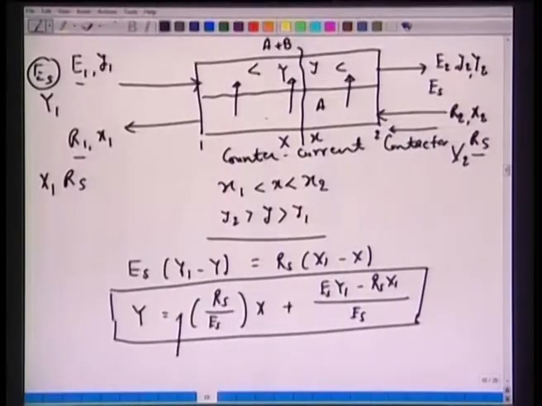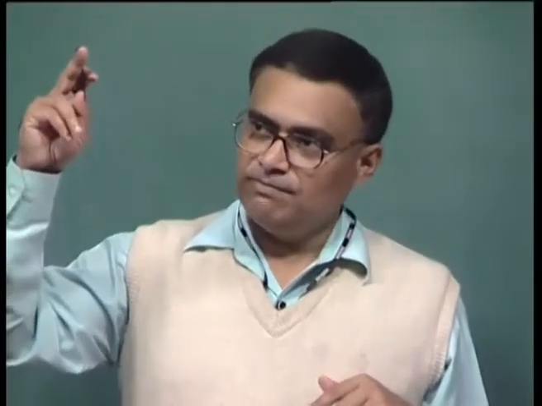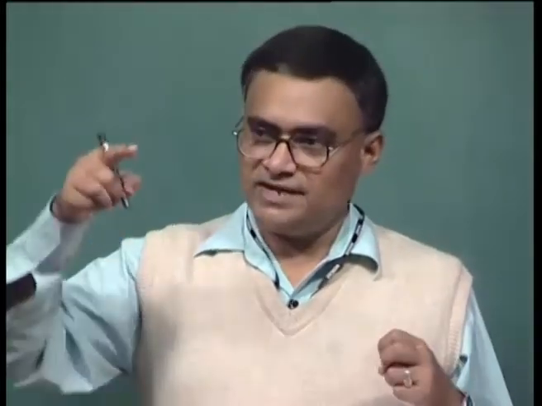Notice the difference. We have now a positive slope. Which means if we now draw the operating curve for the counter current system, starting from P and Q, the two ends 1 and 2, we will get this operating curve which is positive. This is different from what we had in case of co-current flow, where the equilibrium curve is the same as before, and the operating curve has a negative slope, minus Rs over Es.